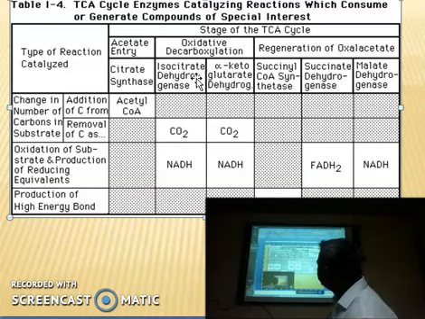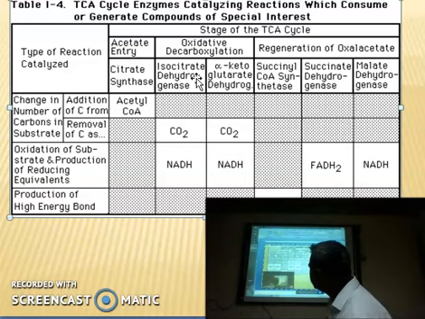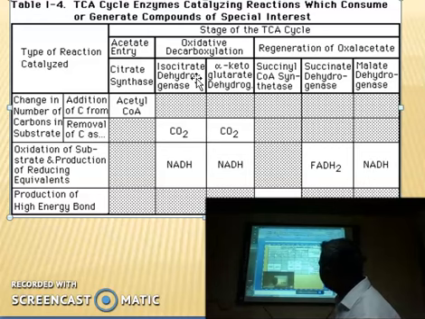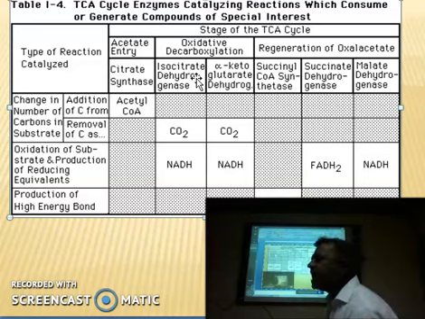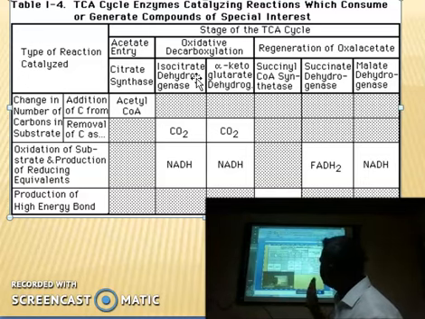Another enzyme, dehydrogenase, is found in the oxidative decarboxylation by isocitrate dehydrogenase and alpha-ketoglutarate dehydrogenase. So there is removal of carbon as CO2, oxidation of the substrate, and production of the reducing equivalent NADH. So always you will find NAD converted to NADH in decarboxylations, which involve dehydrogenase enzymes.